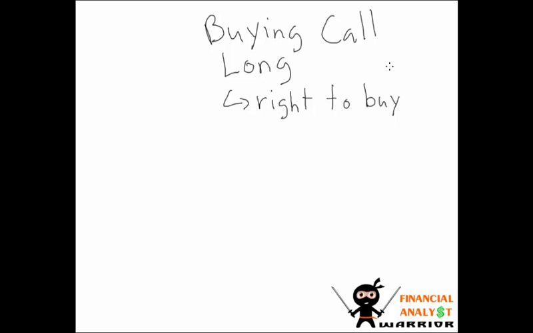So if you buy a call on Facebook, you have the right to buy a Facebook share at the exercise price, so for a specific price. Let's say you have the right to buy Facebook at $65. So $65 is the exercise price.